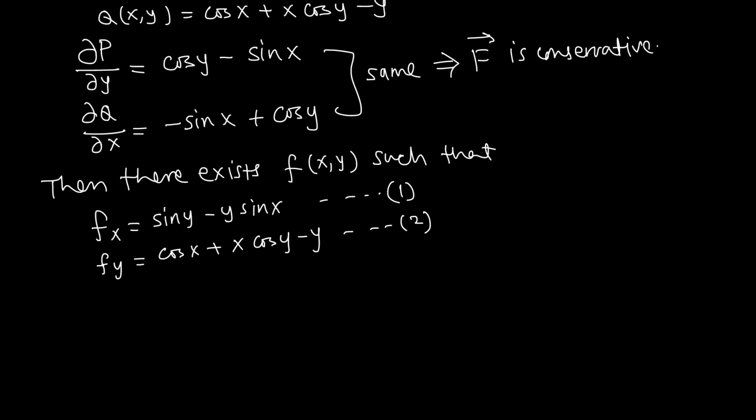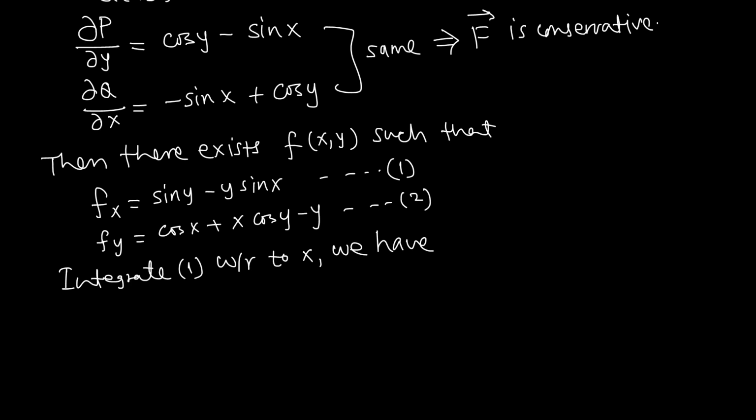Now we can integrate 1 with respect to x or integrate 2 with respect to y. It's up to you. Looks like equation 1 is simpler, so integrate 1 with respect to x, keeping y as a constant. So f of x, y is equal to the antiderivative with respect to x.